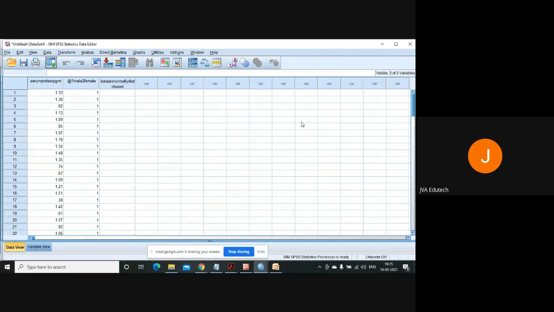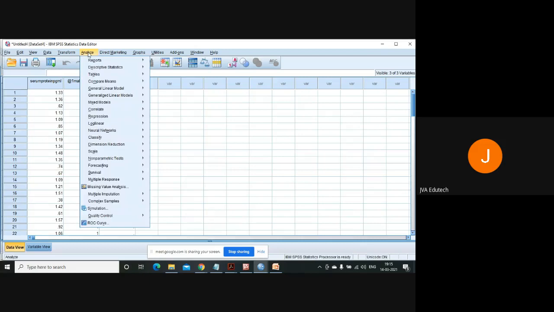I want to test whether this serum protein is equally distributed among male and female, with equal representation of both groups or not. This can be tested through Levene's test of homogeneity of variance. So our null hypothesis is that there is no difference in the variances or standard deviations, which means that there is homogeneity.